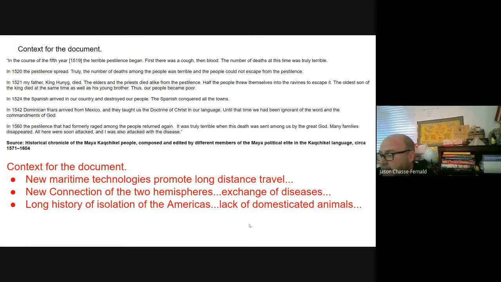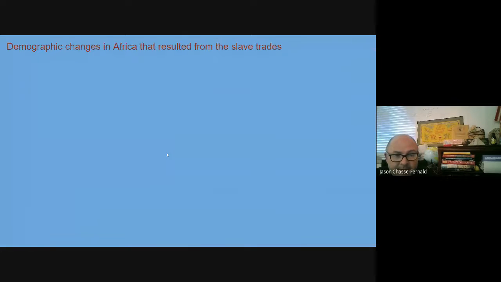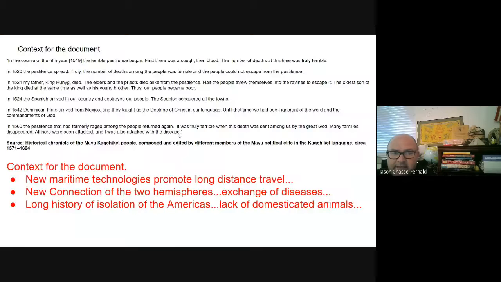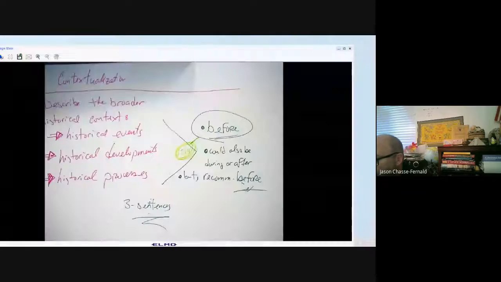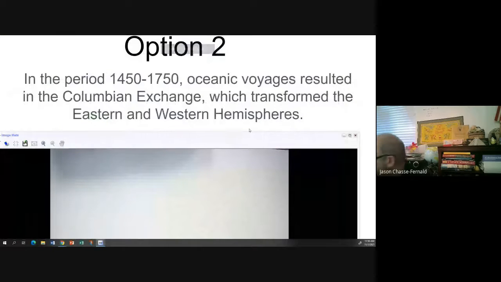So that's basically what we talked about in class real quick, and then we moved on to a different activity. We are getting prepped for our LEQ and looking at this as a prompt, just to go over a little of what we're going to do today.